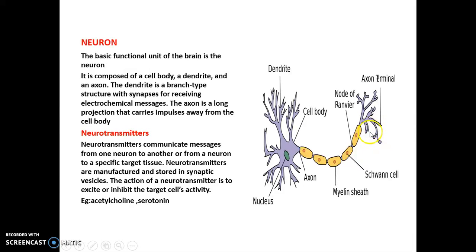Examples are acetylcholine and serotonin. They go from this axon terminal, from the synapse to the other neuron. Like this they communicate messages from one neuron to another. These neurotransmitters sometimes excite and sometimes inhibit some activity.